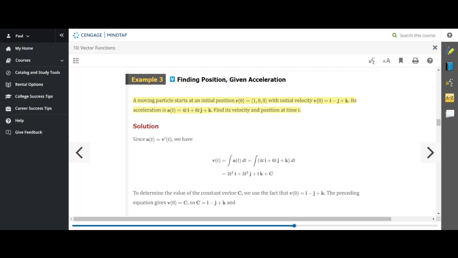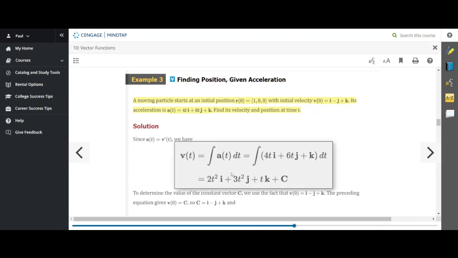So here you have an acceleration vector, which has components 4t, 6t, and 1. And if you want the velocity, you take the integral of the acceleration vector, and you integrate component by component, and then you have the constant vector of integration, and you have to solve for that constant vector.